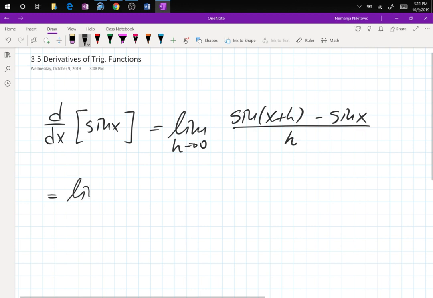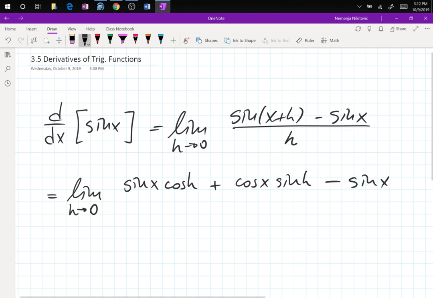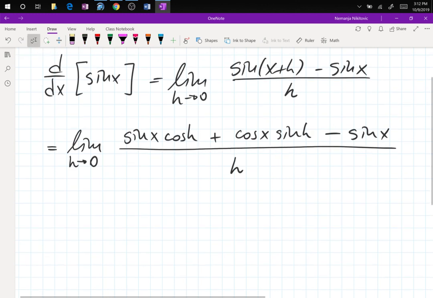Now, we use the formula for the sum of 2 angles, which is sine of x cosine h plus cosine of x sine of h, and then we have minus sine x divided by h. And then we factor out sine x, the two terms I put the check marks on.